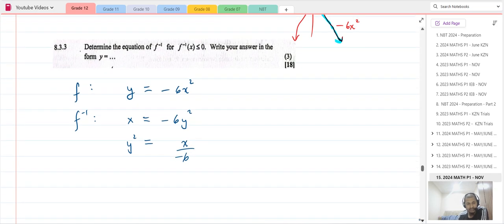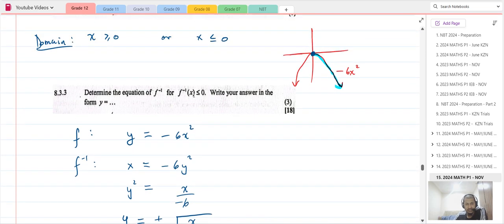Right? So y is equal to plus or minus the square root of x over negative 6. And we want the f inverse function which is negative.